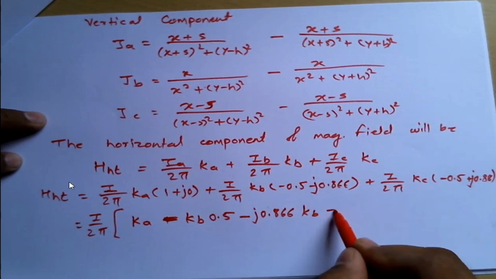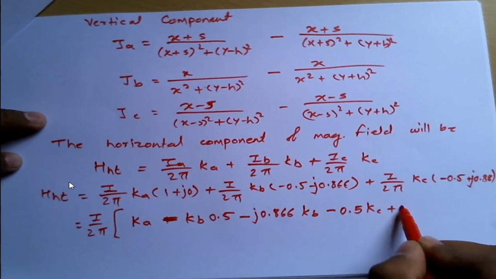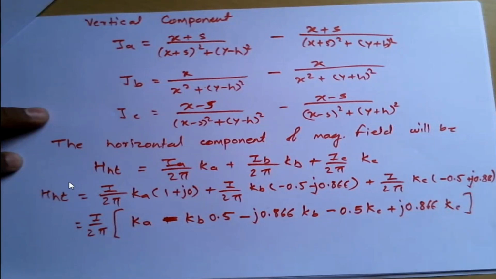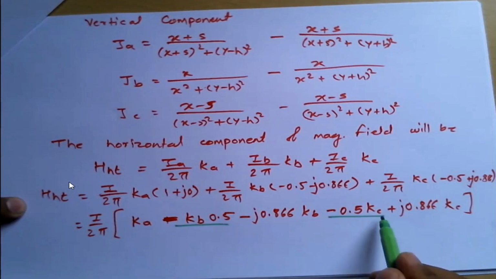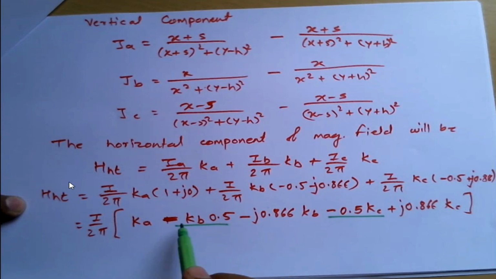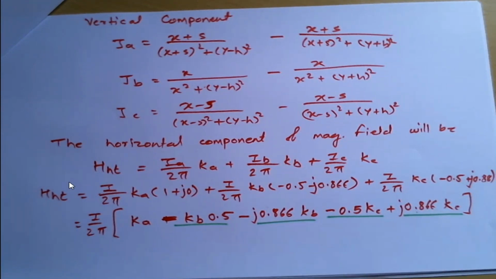So here it will be minus 0.5 Kc plus J 0.866 Kc. Now if I'm going to consider this term and take minus 0.5 common in these two terms, inside the bracket it will be Kb plus Kc. Same way in this term, if I take plus J 0.866 common, in bracket there will be Kc minus Kb.